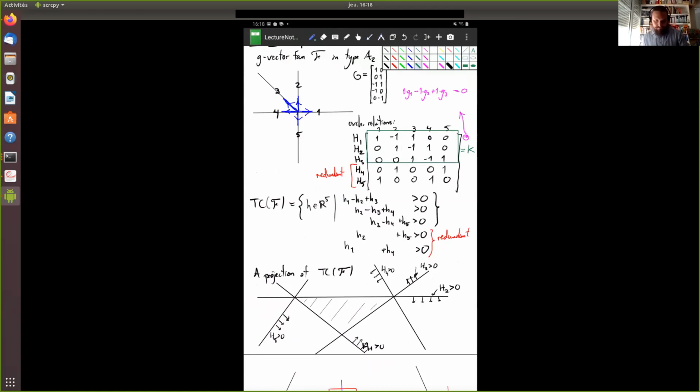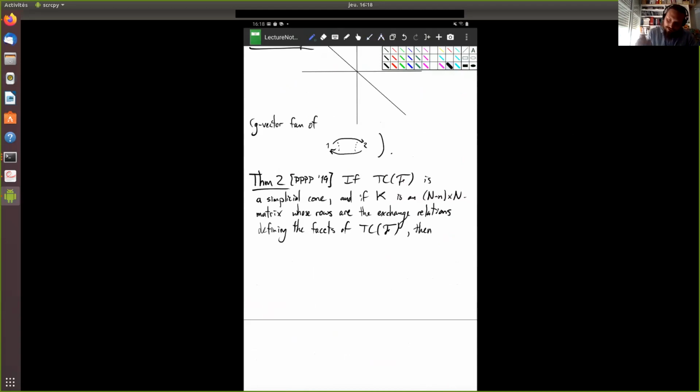Okay, so if you have this matrix, then you can describe all polytopal realizations of your fan. Then the polytopal realizations of F are the sets of this form. I'm just writing down the formula just to say that it's fairly simple and we can get all of them in this way.